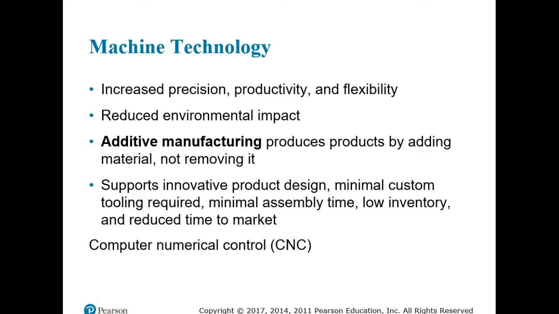Those are electronic controls, and they increase the speed by cutting changeover time. They also reduce waste because of fewer mistakes, and enhance flexibility. So, this slide identifies the improvements that modern machine technology has introduced, especially when computer numerical control, or CNC, machines are employed.